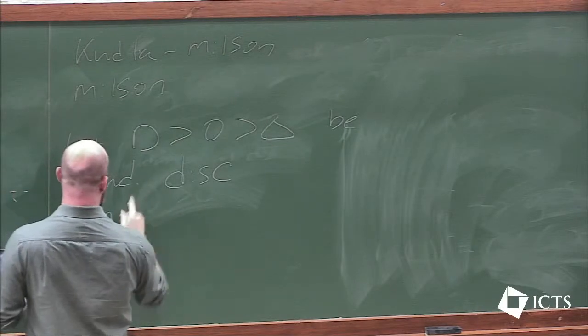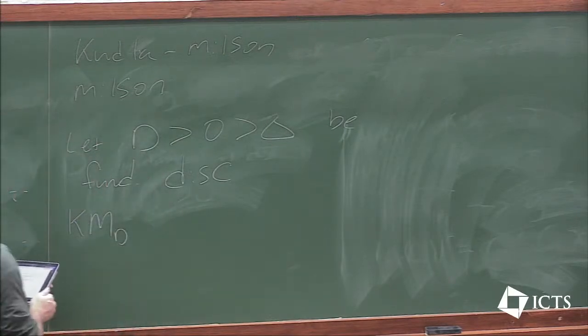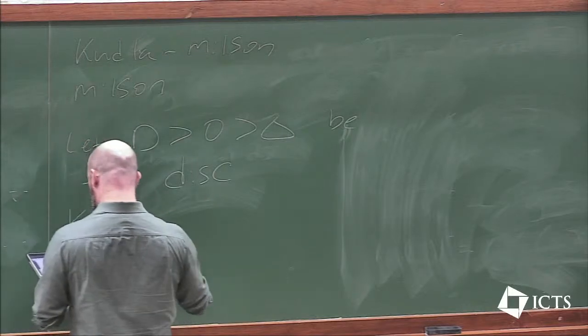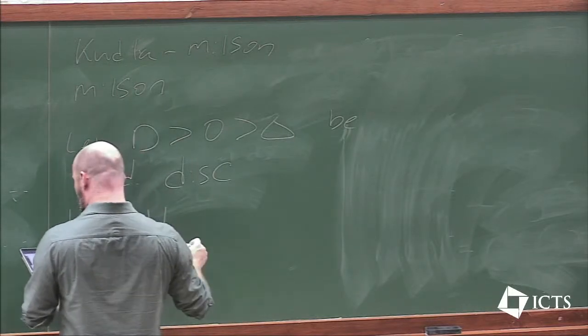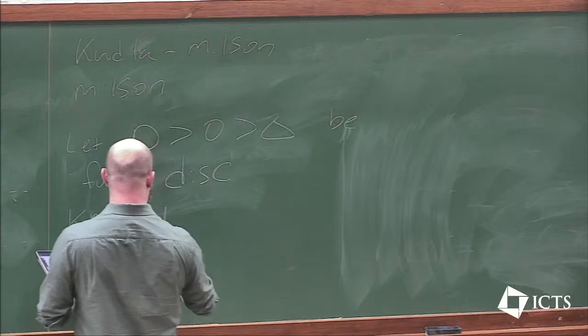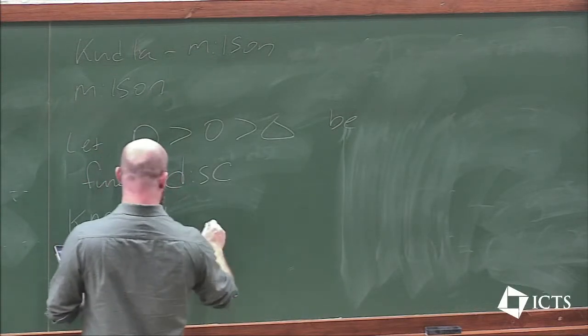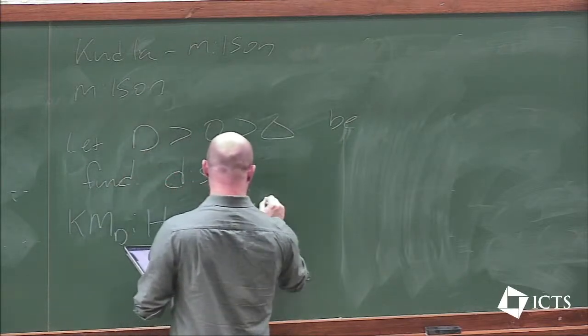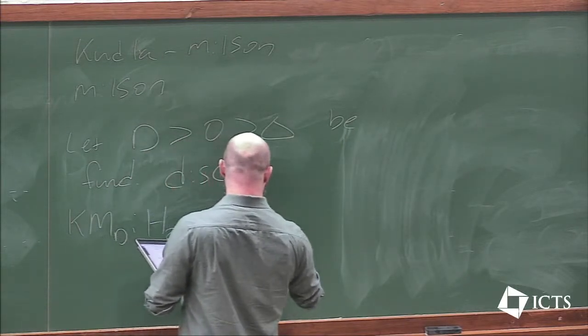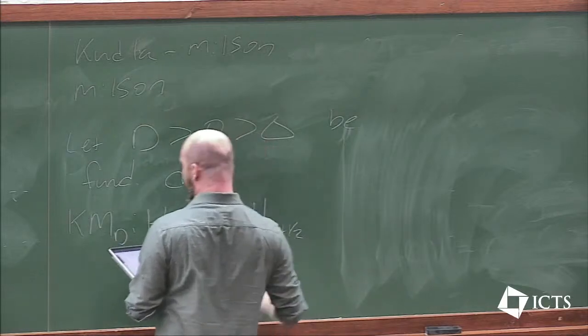This depends on a positive discriminant, and it takes us from harmonic Maass forms of weight 2 minus 2k, and the result is going to be a harmonic Maass form of weight k plus 1/2.